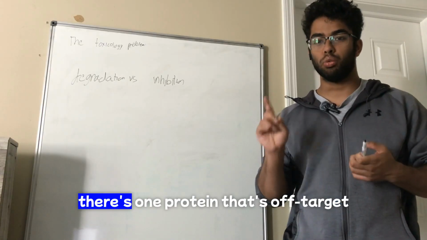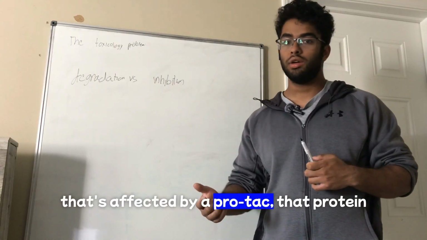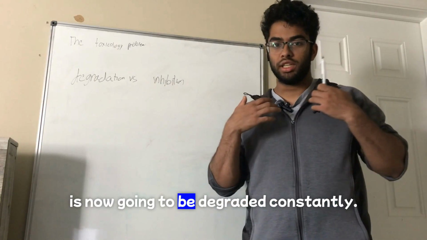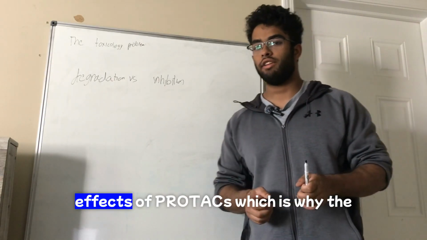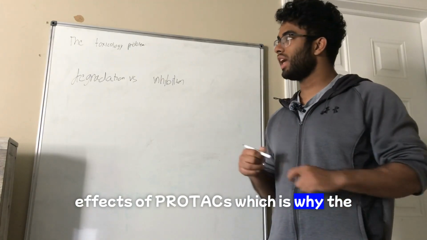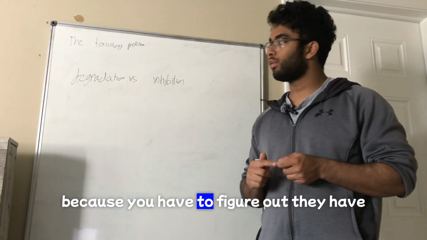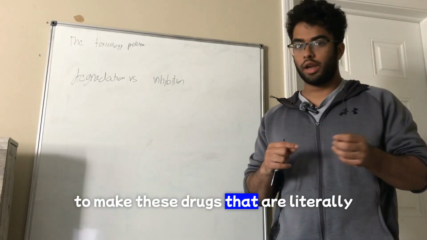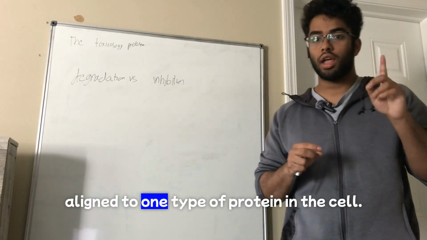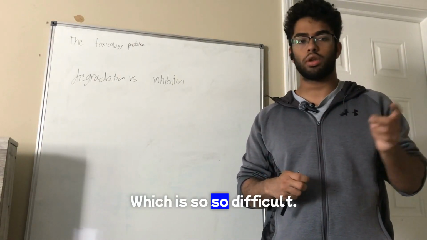Even if there's one protein that's off target that's affected by a PROTAC, that protein is now going to be degraded constantly. So these are longer lasting effects of PROTACs, which is why the toxicology problem is so big for PROTACs, because you have to make these drugs that literally bind to one type of protein in the cell, which is so difficult.